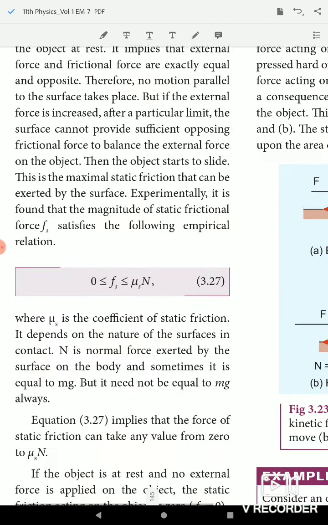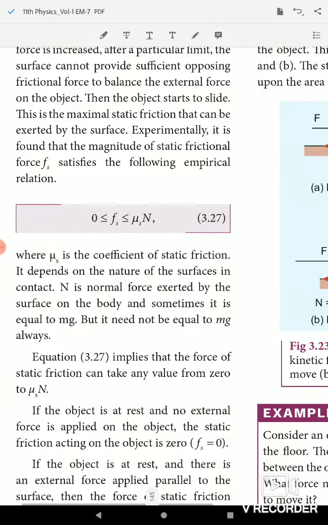Experimentally, it is found that the magnitude of static frictional force Fs satisfies the empirical relation 0 ≤ Fs ≤ μs N, where μs is the coefficient of static friction, and N is the normal force exerted by the surface on the body.